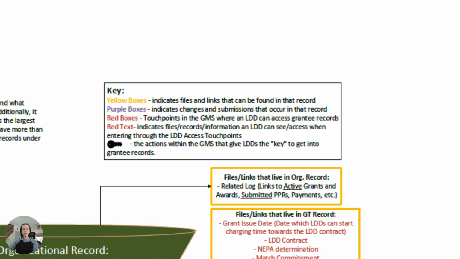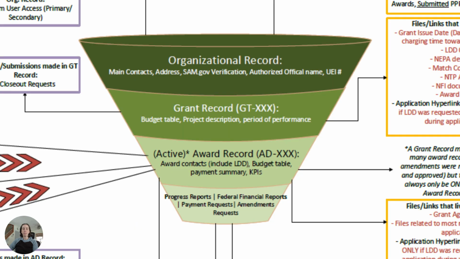And the red text, which lies within the yellow and purple boxes, indicates files, records, and information an LDD can see and/or access when entering through those LDD access touch points. And last, you'll notice the key icon, and this indicates the actions which within the GMS give LDDs the quote unquote key to get into grantee records.